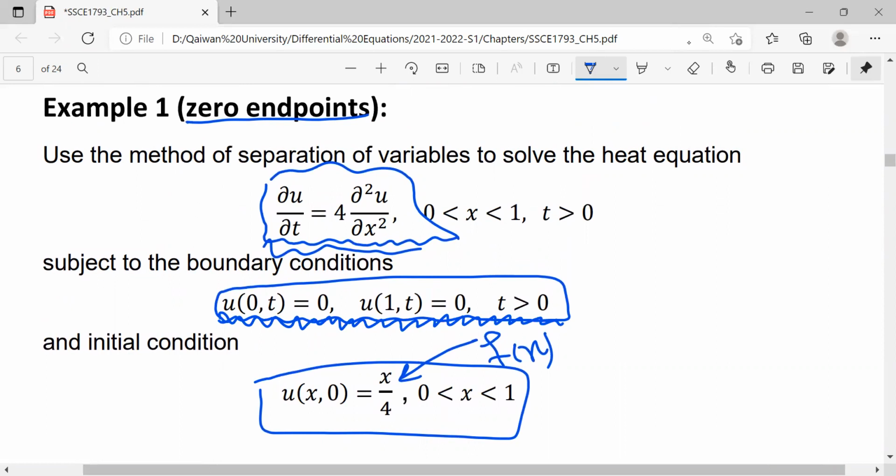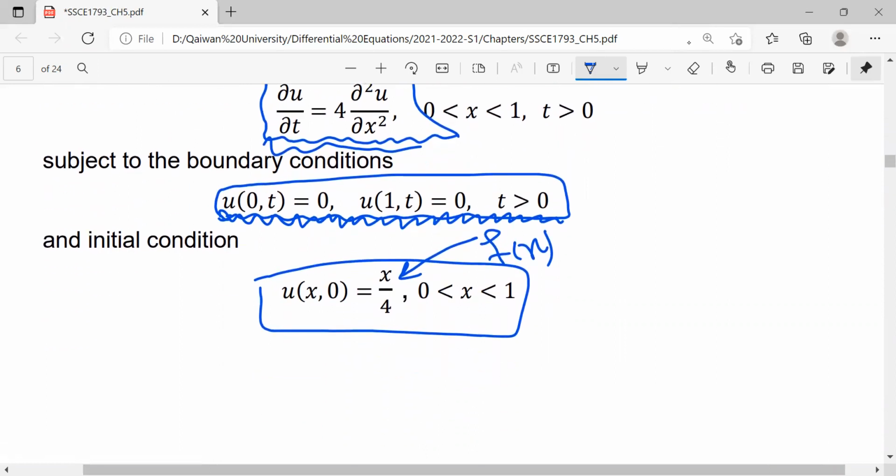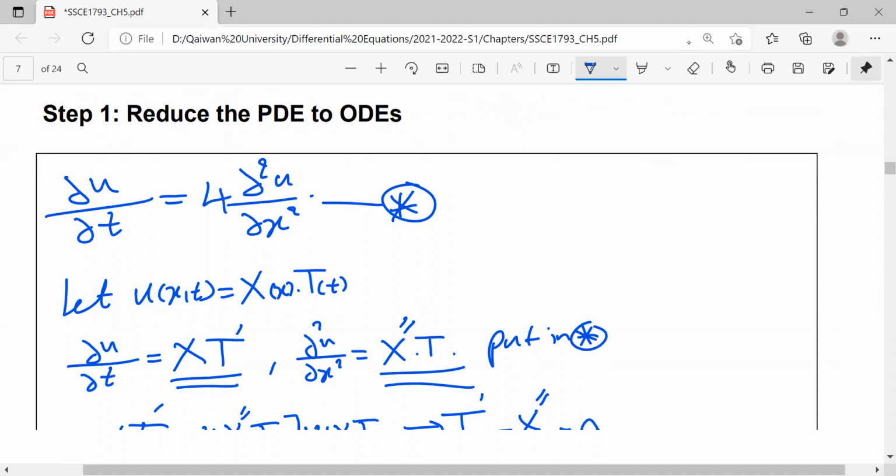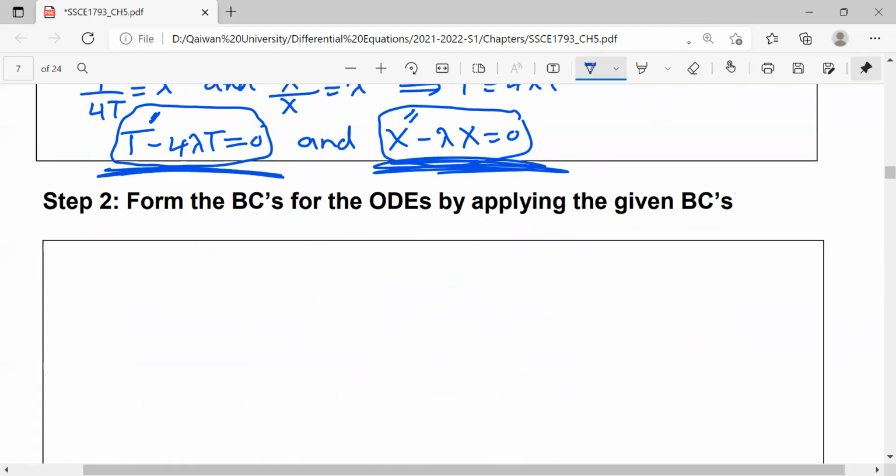Here, let's write it down: u of 0, t equals 0 and u of 1, t equals 0. We have been given these two boundary conditions. Okay, from these two boundary conditions, we can get the boundary conditions for the differential equations.